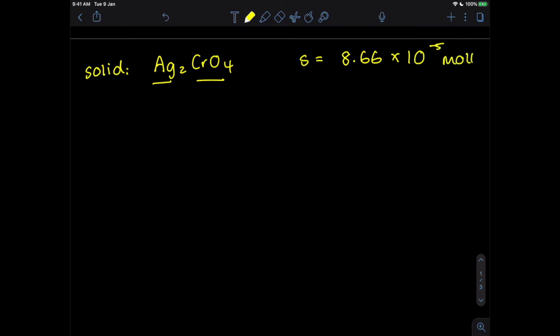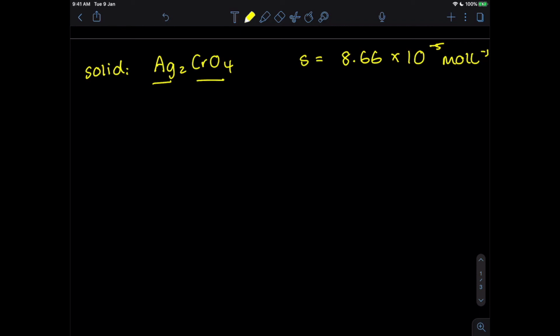If I give you, so our solid is silver chromate, and the solubility is equal to 8.66 times 10 to the power of negative 5 moles per litre.